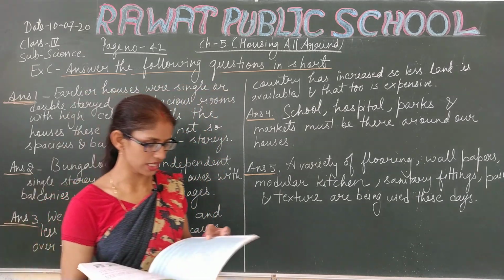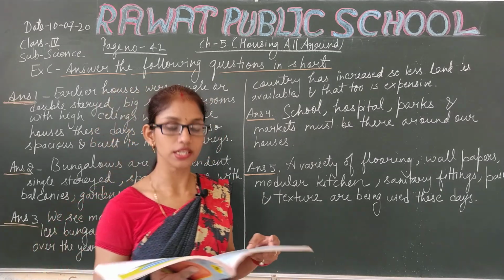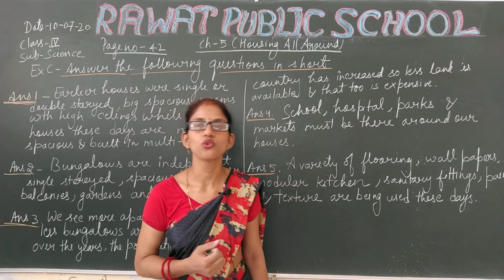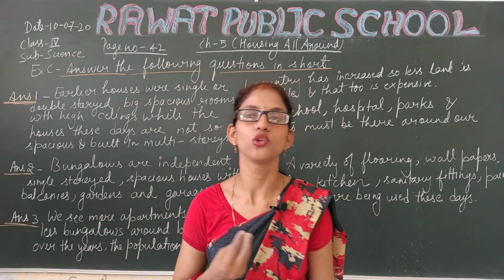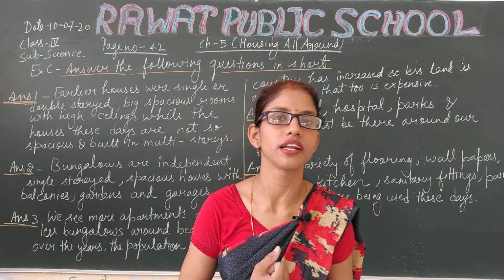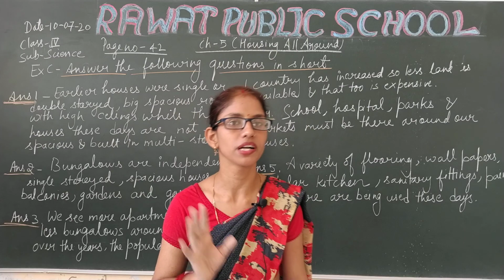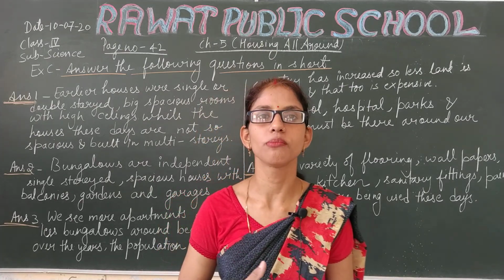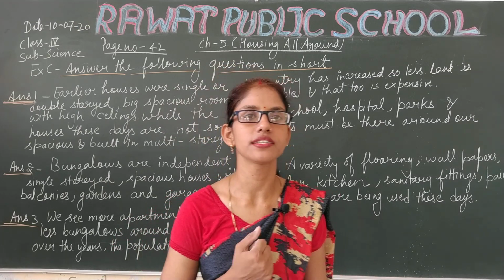Next, question 5 is: What new building materials are being used these days? In this question you have to write what building materials are used by people to construct their houses nowadays. As we have discussed, first of all, houses are made pakka nowadays. Second, a large number of flooring options are available, wallpapers are available, sanitary fittings are available.